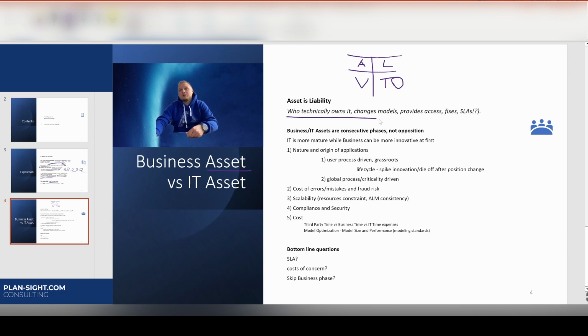So this is the key thing when you want to talk about the ownership that's connected to the business asset or IT asset nature of the Anaplan application that you have.